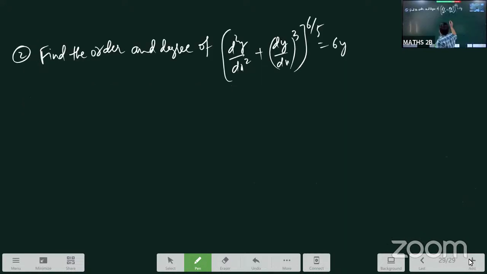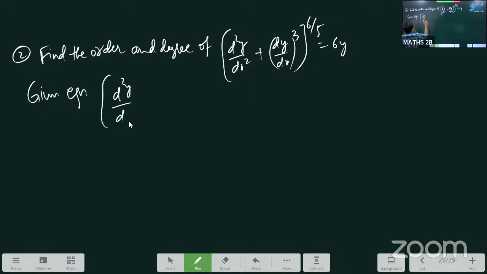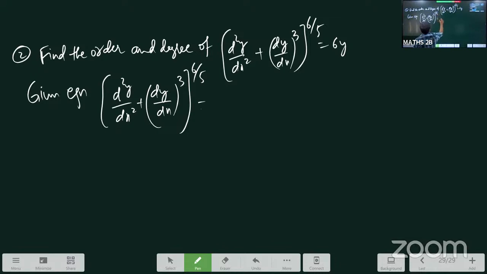Right. So now here, given equation d square y by dx square plus dy by dx whole cube whole to the power 6 by 5 equal to 6y.